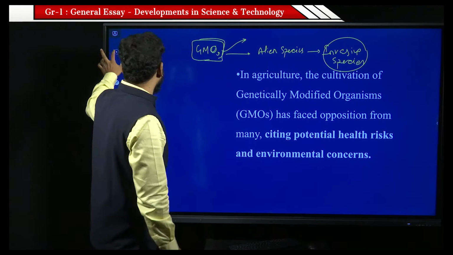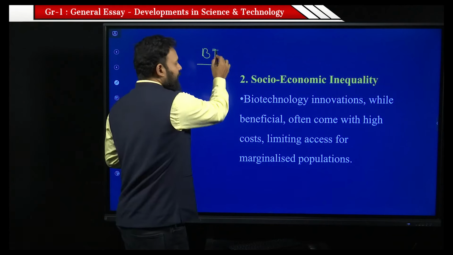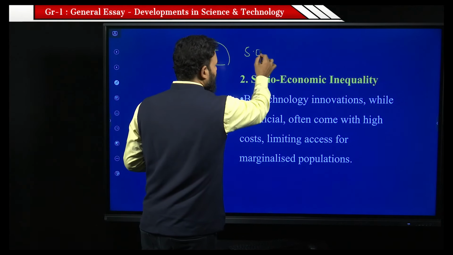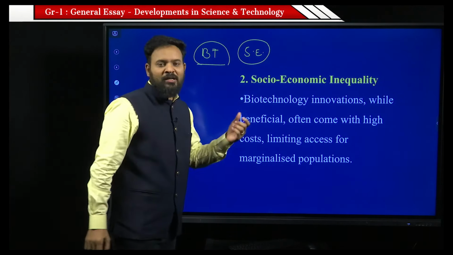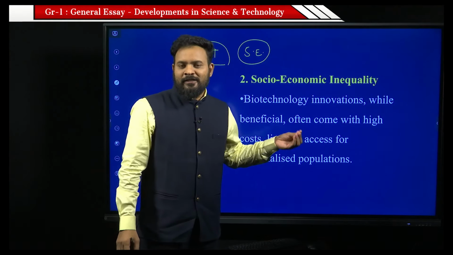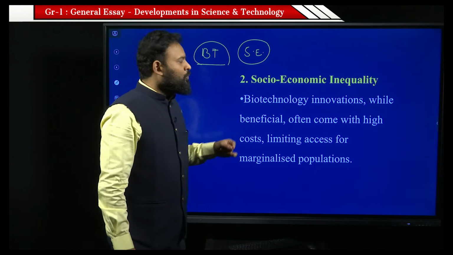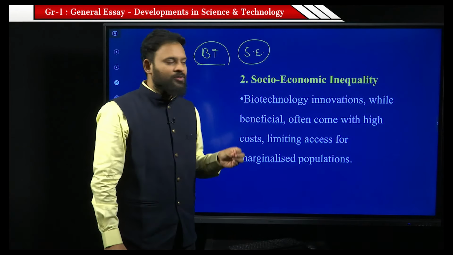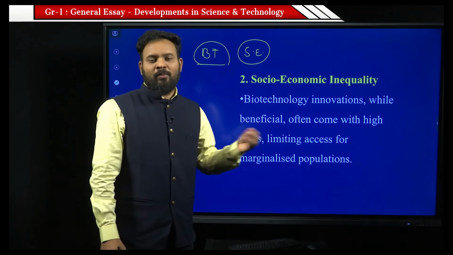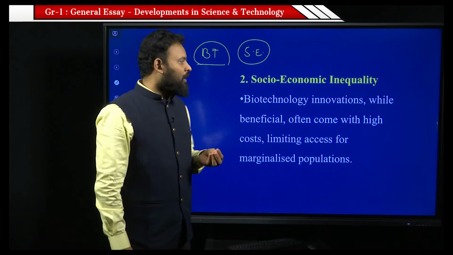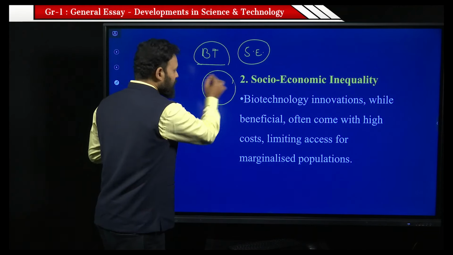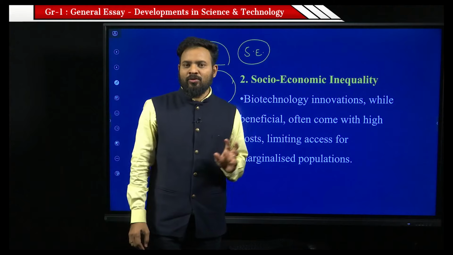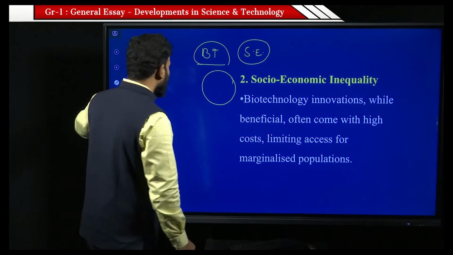Then socio-economic inequality, already this we have discussed in the earlier session also, how biotechnology or other technologies, if not done properly, can create socio-economic inequalities, because there are marginalized sections like SCs, STs and other sections who may not have access to these new technologies, which may further create the problem of divide between sections, which may again further lead to concentration of wealth and imbalanced growth. So that also you need to take into the context.